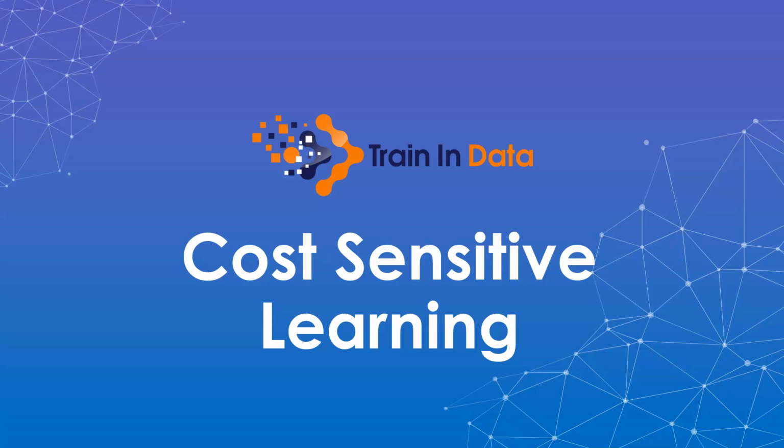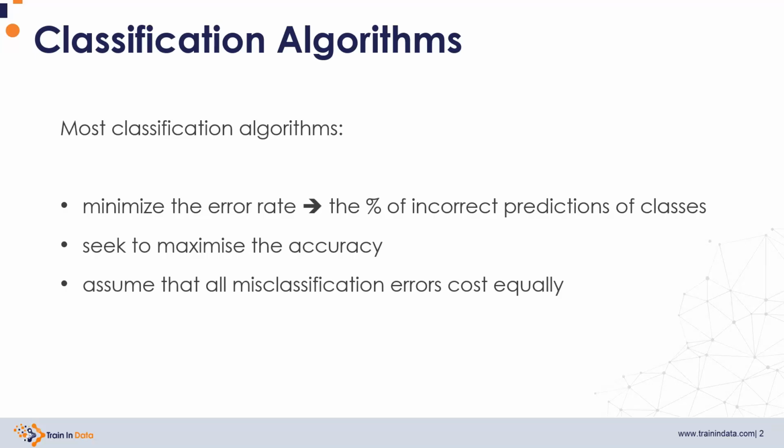Let's dive in. You're probably familiar with most classification algorithms like naive Bayes, logistic regression, decision trees and other tree-based algorithms like random forests, gradient boosted machines, neural networks and so on. Most of these classification algorithms are designed to minimize the error rate.